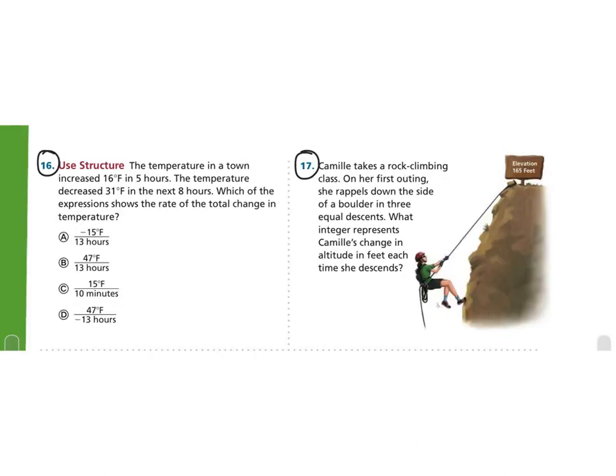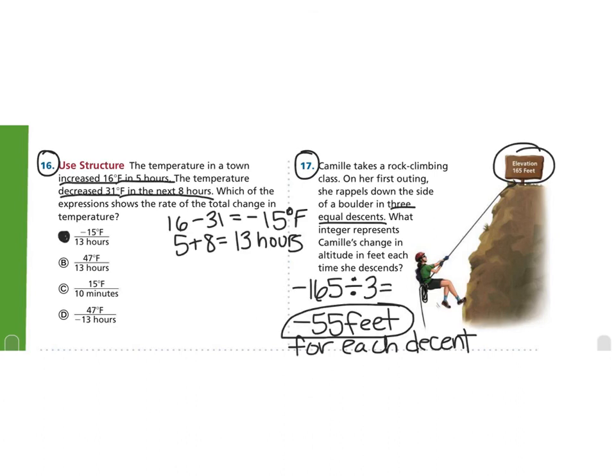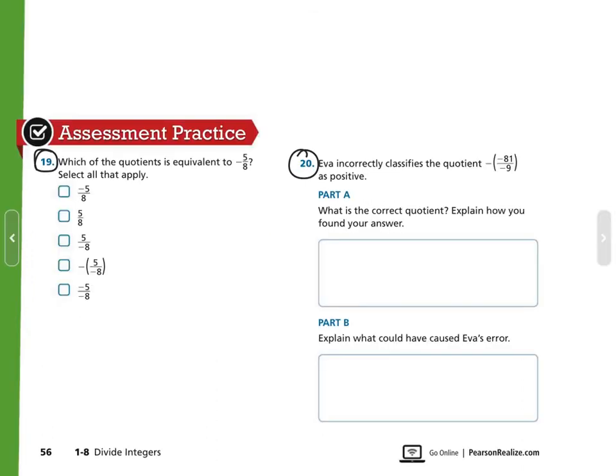Next, try numbers 16 and 17. Come back and check your answers when you're ready. Go ahead and check your answers for 16 and 17. Pause the video if you need to, and we'll move on in just a moment. We're going to skip number 18. That's not one that you're tested on, but I am going to ask you to do numbers 19 and 20.